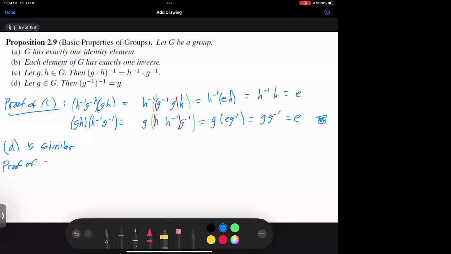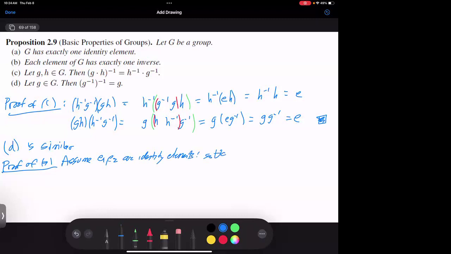Proof of A. So I could either try to do some kind of constructive argument and show that there's only one element that could possibly satisfy it, or let's assume that there are two elements that are identities and show that they must be the same. So let's assume E1 and E2 are identity elements.